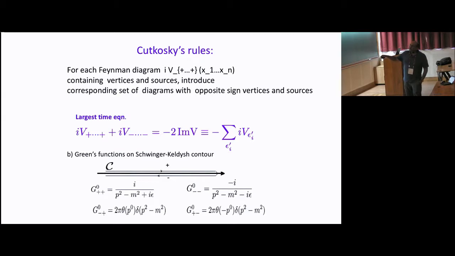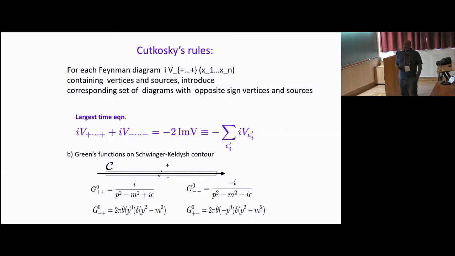But these are the usual Feynman propagators, the time-ordered and anti-time-ordered propagators. And these are so-called advanced and retarded propagators, and these are also sometimes called cut propagators because in this case, the particles are on shell, so p squared is equal to m squared.